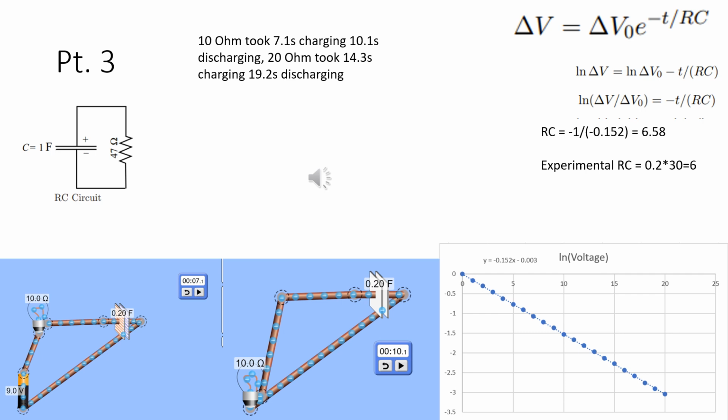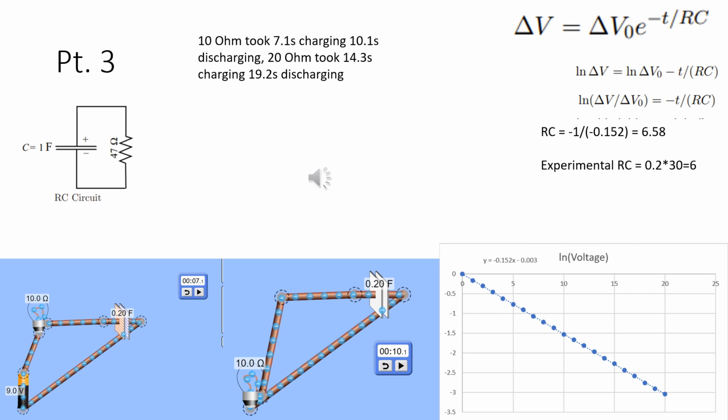And then after that, you hook up a 30 ohm light bulb to the same system as before, and you measure the voltage as time increases for the discharge, so that you can understand the experimental RC through the equations that I showed you on the right, because you plot natural log of voltage against time.